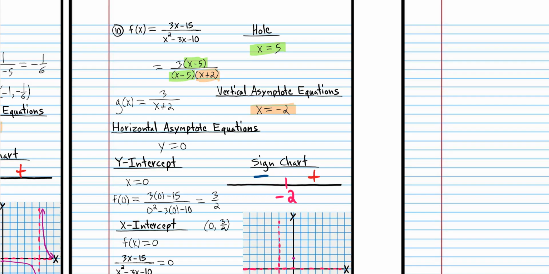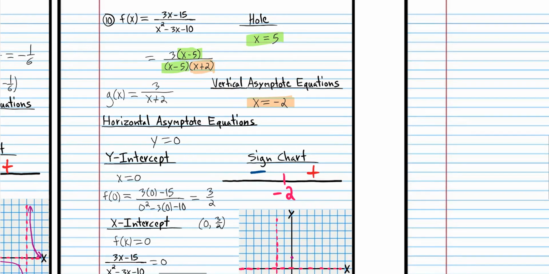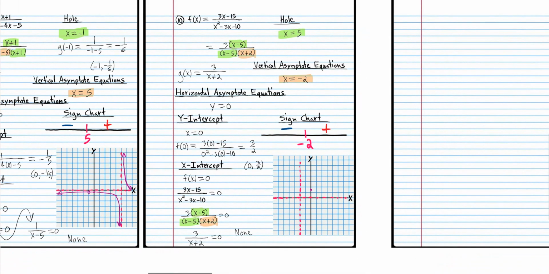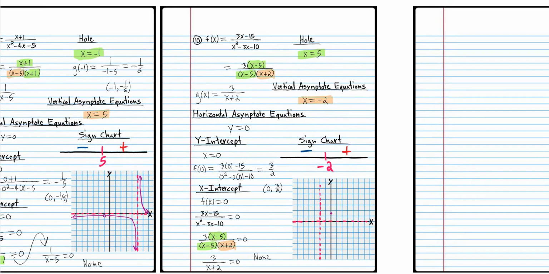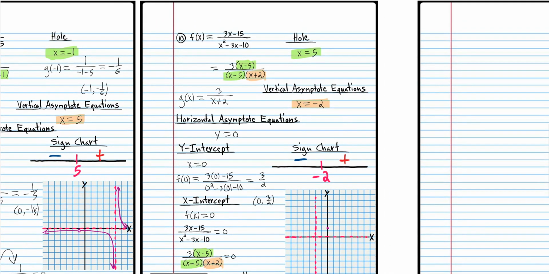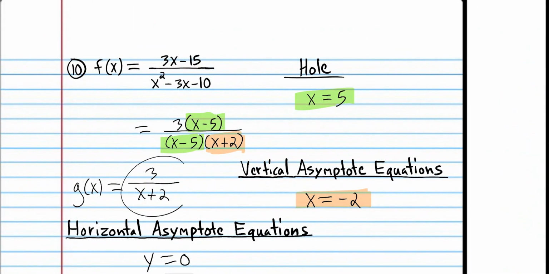And if you want to find the actual coordinate of the hole, we can go ahead and do that. So again, you want to plug in 5 to this expression. So g of 5 is equal to 3 over 5 plus 2, which is 3 over 7.